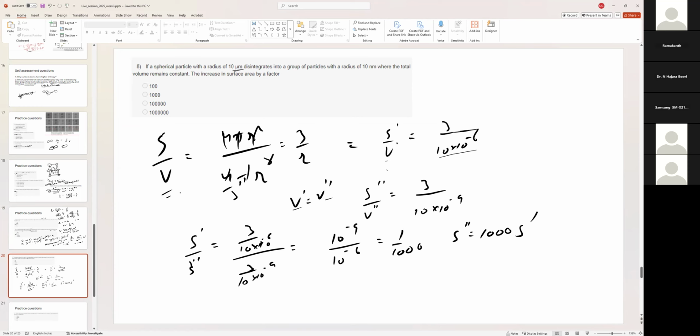We know that the total volume is conserved. So if we just take the ratio of these two, we get a surface area ratio of 10 to the power 3.